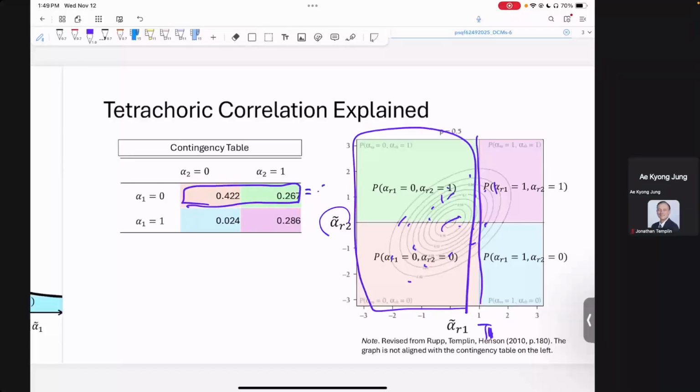Let's say it's around 0.7. Based on this threshold, we can divide this attribute into two different parts, and the result is 0.7. And the other part will be around 0.3. That's here. And also for attribute 2, we have a tau 2, which is a threshold. So we can get this contingency table.